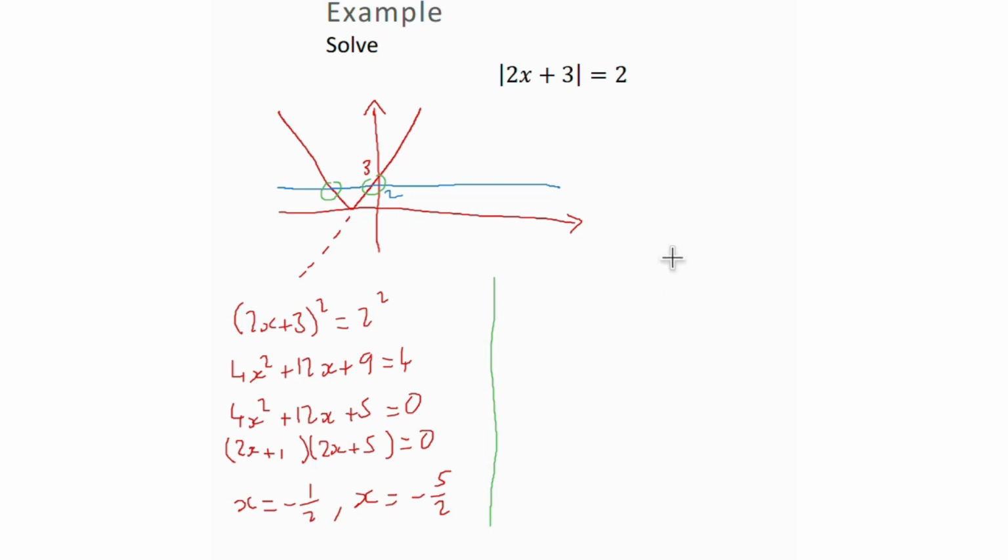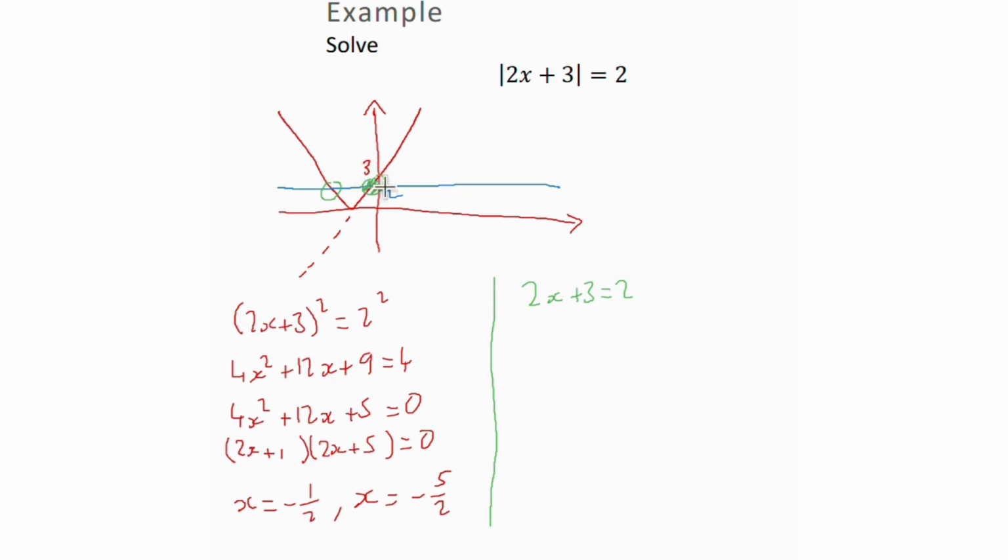So that's one method. Another method you could use to solve this is using the fact that if the absolute value of 2x plus 3 is equal to 2, that's the same as solving when 2x plus 3 is equal to 2. That's this solution here.